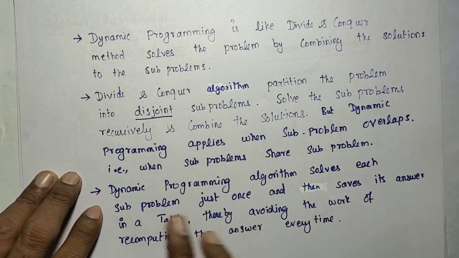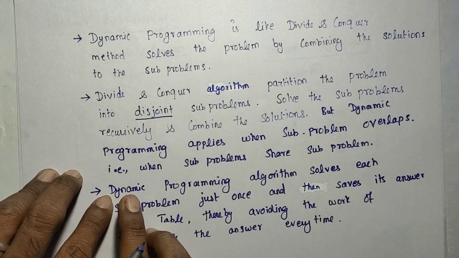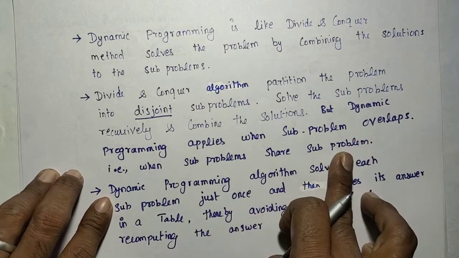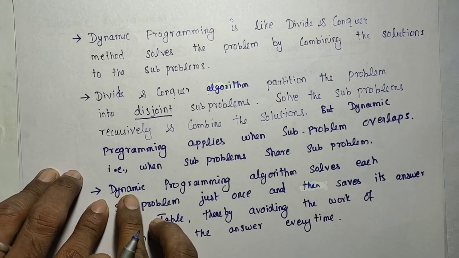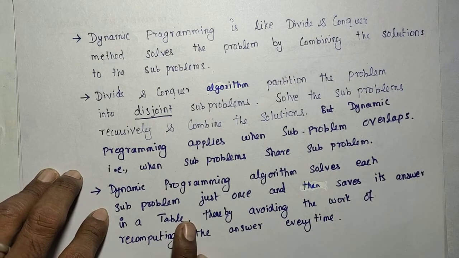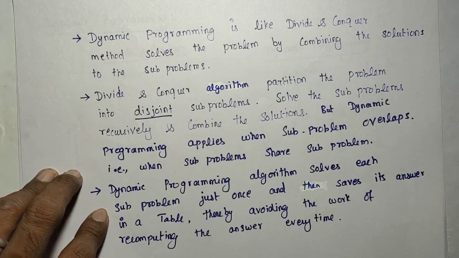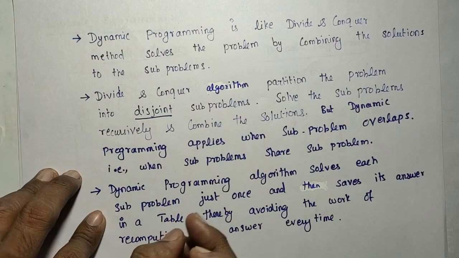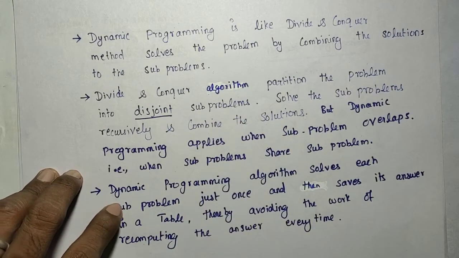So what does the dynamic programming approach mean? In that situation we can apply it. How it will be solved: the dynamic programming algorithm solves each subproblem just once. It starts solving from the smaller size subproblems.